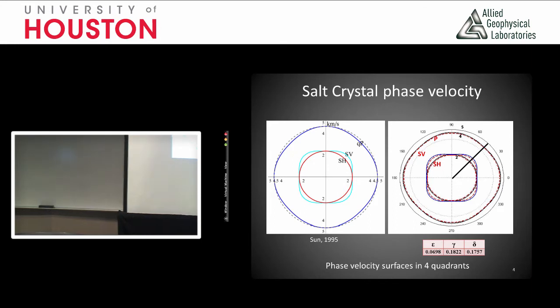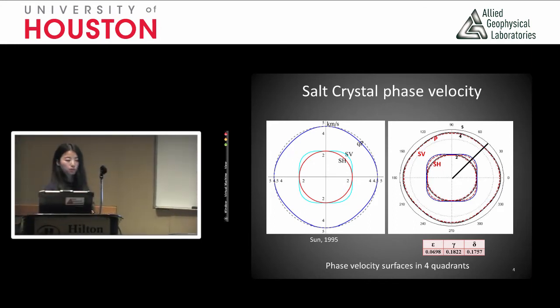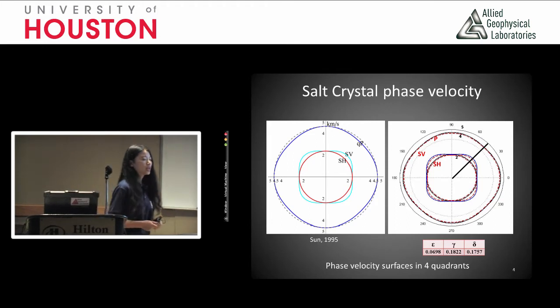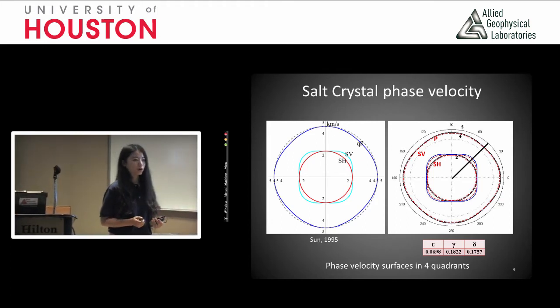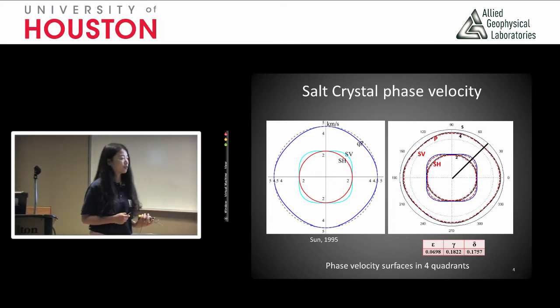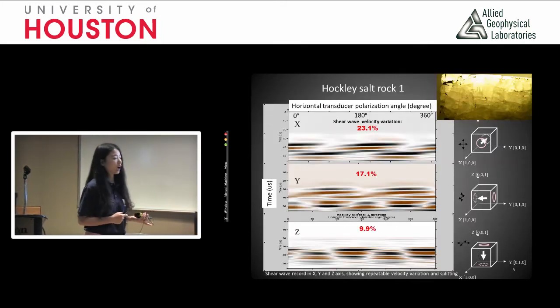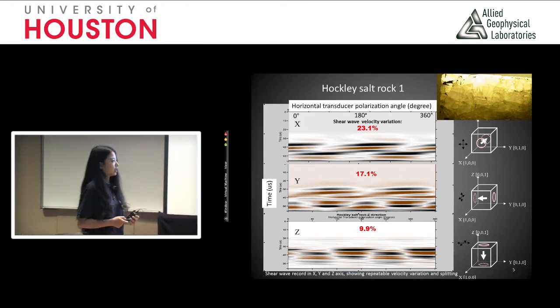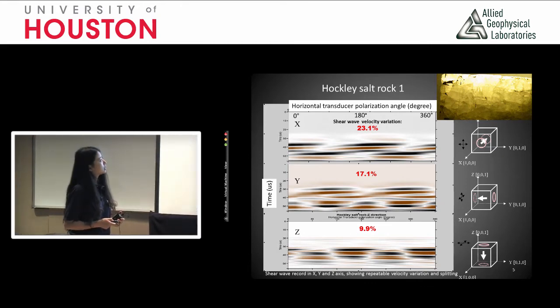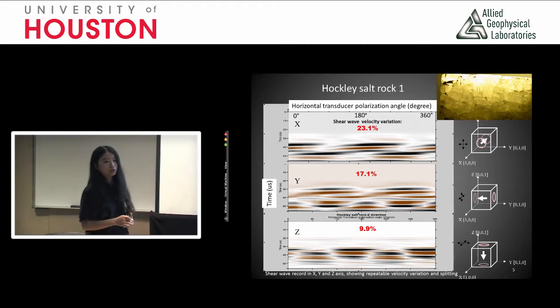Basically, this is our cubic symmetry, and more measurements were carried out on fractured and deformed salt samples in the Gulf of Mexico. This is actually from Hockley. This is more complicated than the cubic one, and we can see from the sample that under the line it shows some preferred fractures.